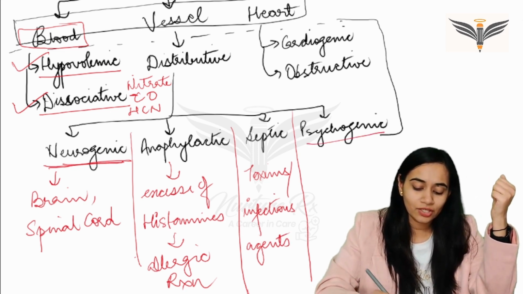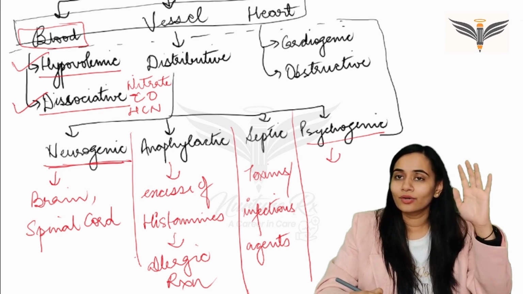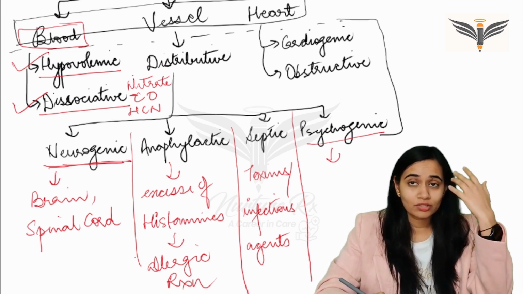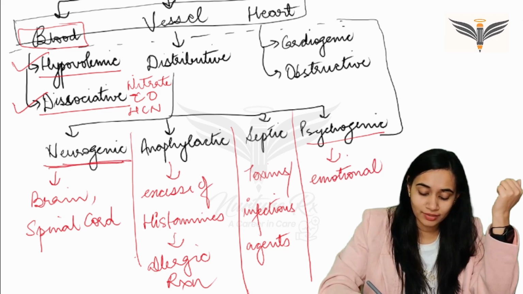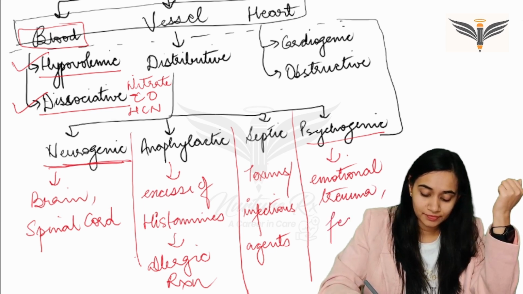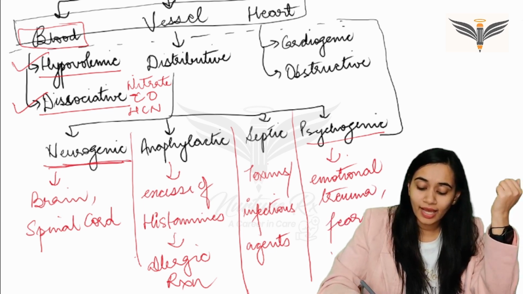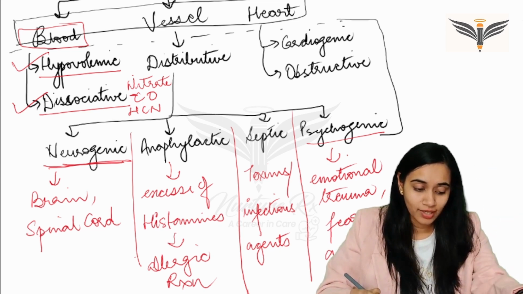The last one is your psychogenic. So what happens in psychogenic? Psycho, as you know, is because of your psyche. So emotional stress, emotional trauma rather, or fear which is sudden and intense, or due to excessive anxiety, this psychogenic shock occurs.